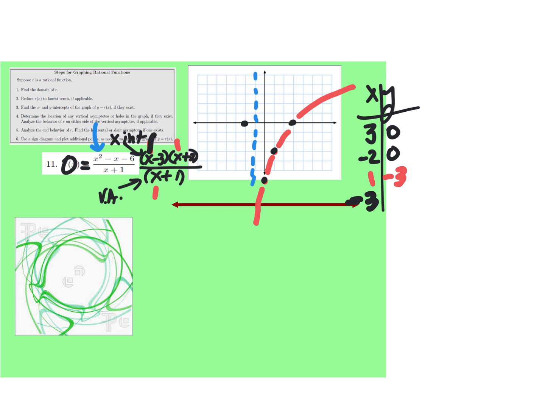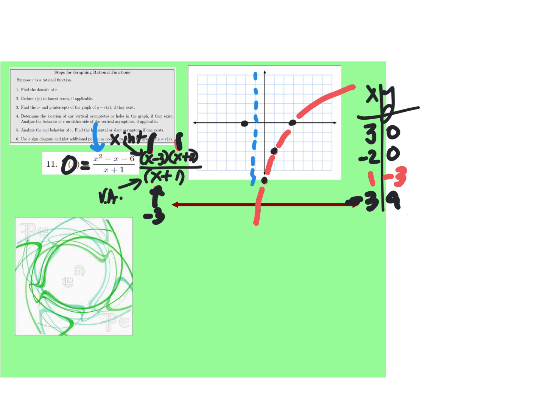I'll get negative 3 minus 3 is negative 6, times 3, over negative 3 plus 1 is negative 2. So the negatives will cancel, and it'd be 18 divided by 2 is 9. Do you concur? Negative 3 comma 9.